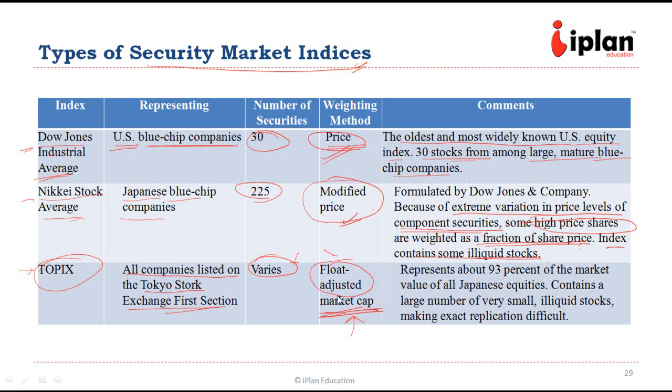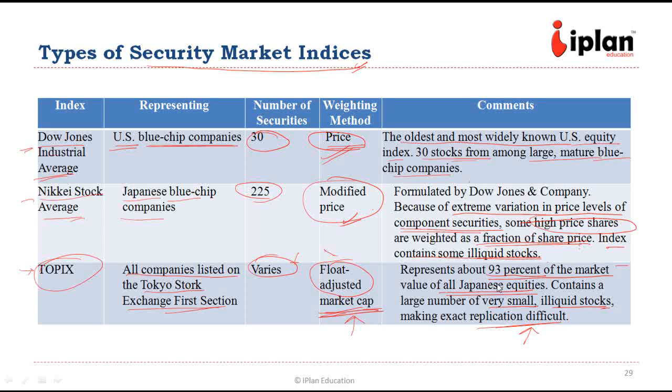So it represents about 93% of the market value of all Japanese equities. That is why it is a broad market index. It contains a large number of very small illiquid stocks as well, which makes replication very difficult because an investor may not want to invest in a small illiquid stock. So that is why replication of this portfolio is difficult.